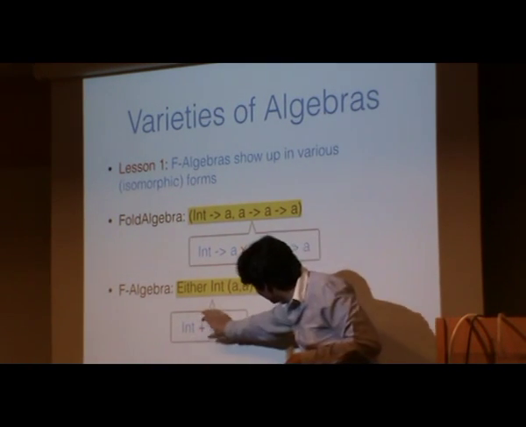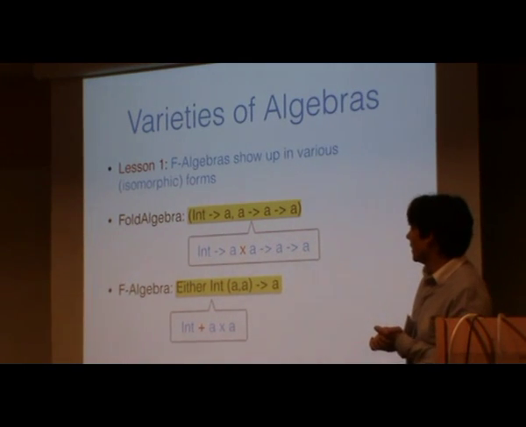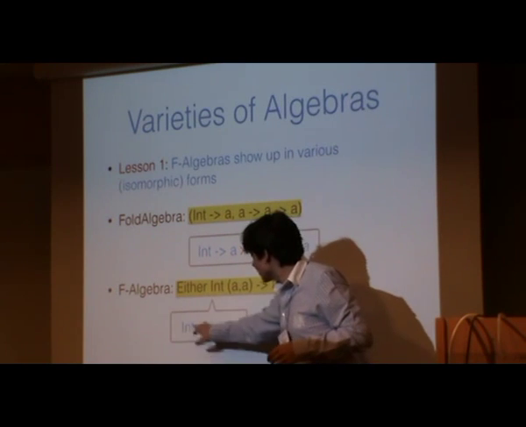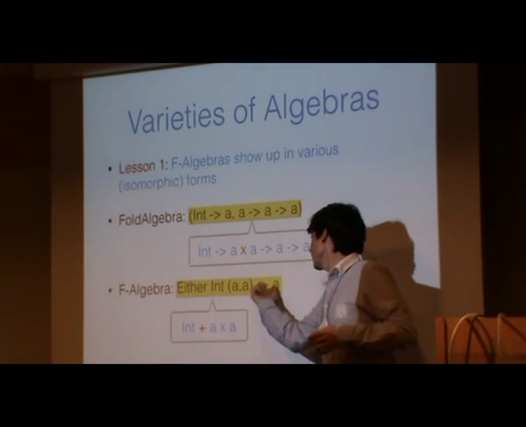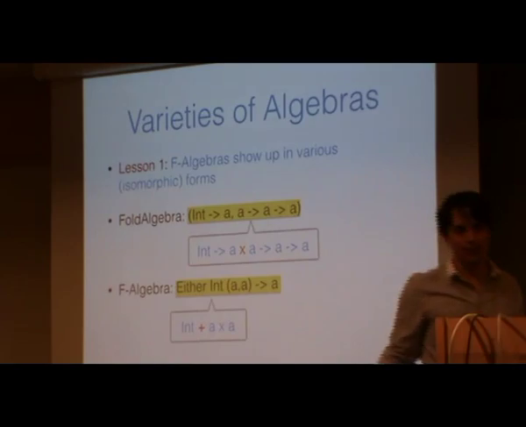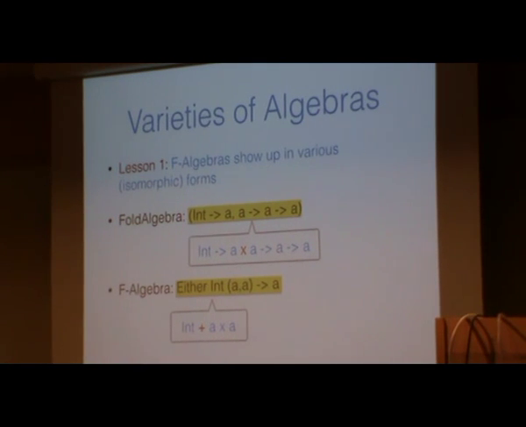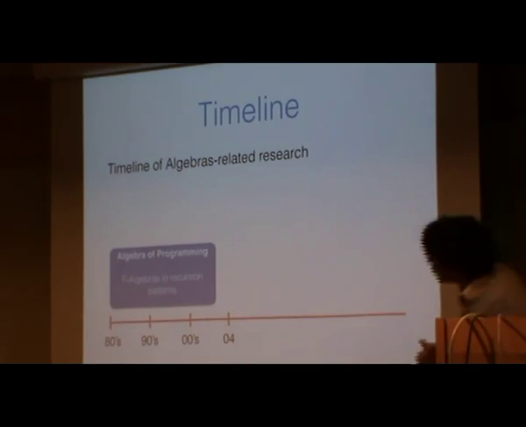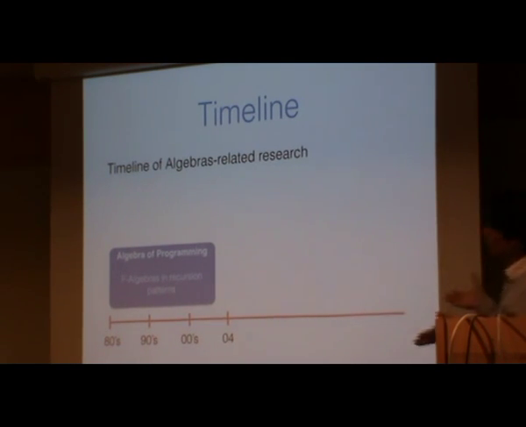And the other form of algebras is this F-algebra form where you have sums of products, and then you use that in combination with the function. So the early research that involved algebras was essentially what I call algebra of programming, and it was essentially exploring the uses of F-algebras in recursion patterns.